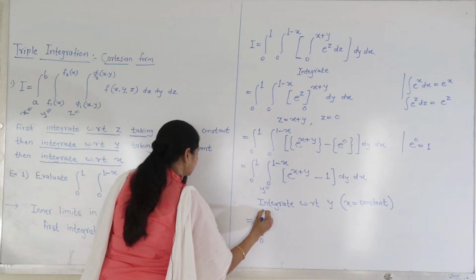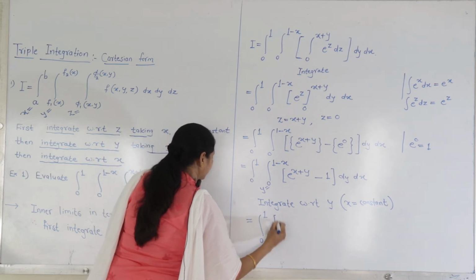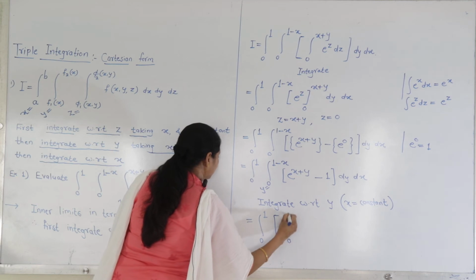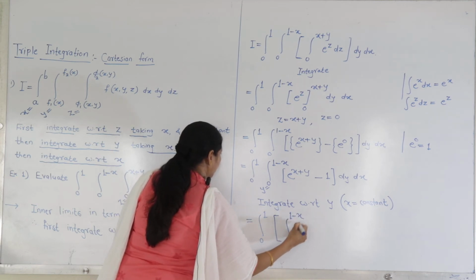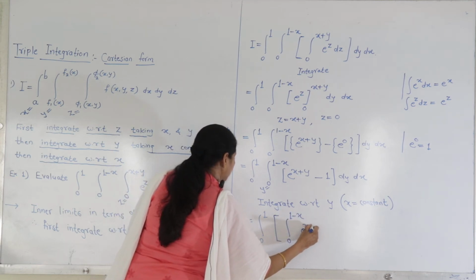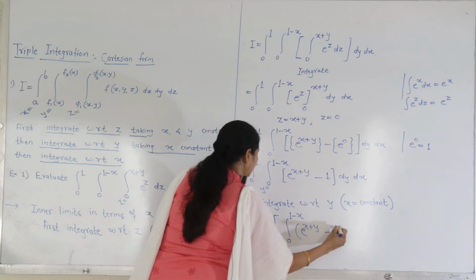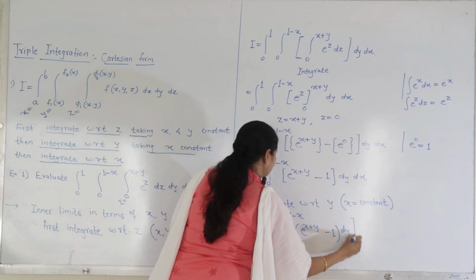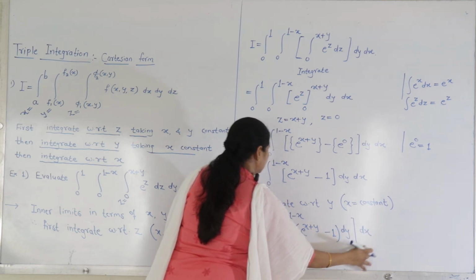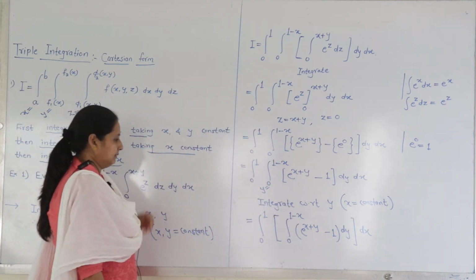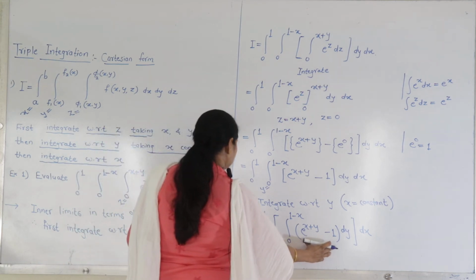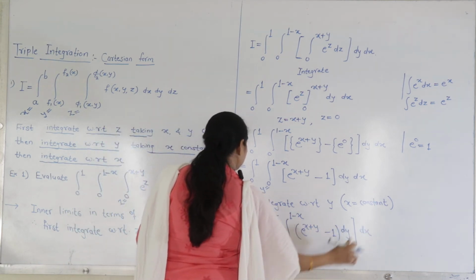Zero to 1. Now first we have to integrate 0 to 1 minus x of e raised to x plus y minus 1 dy first, then outside is dx. That means we have to integrate first with respect to y and then with respect to x.